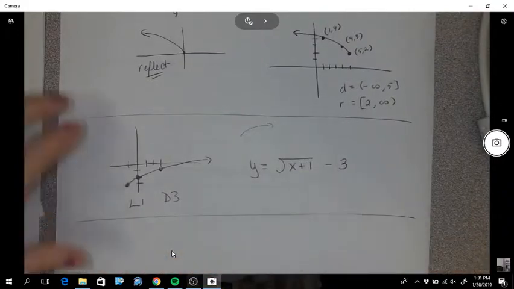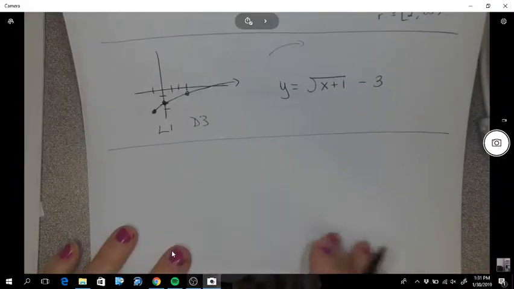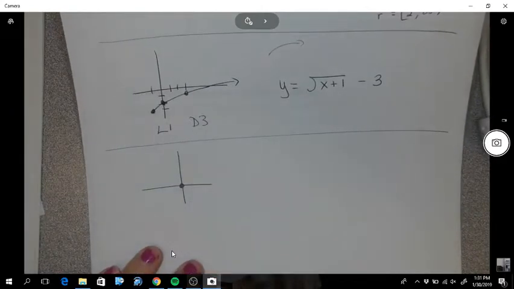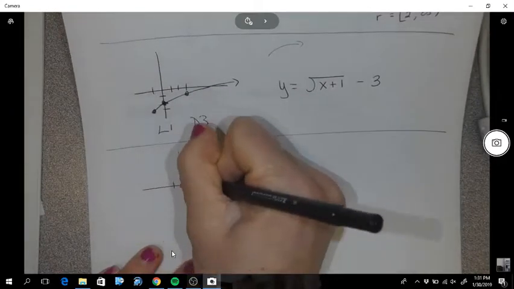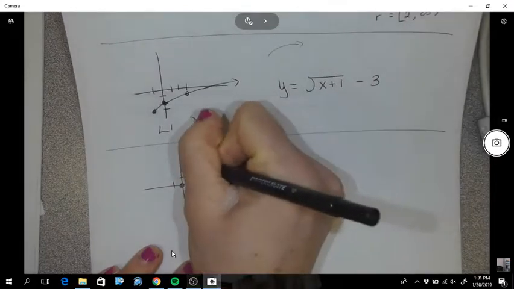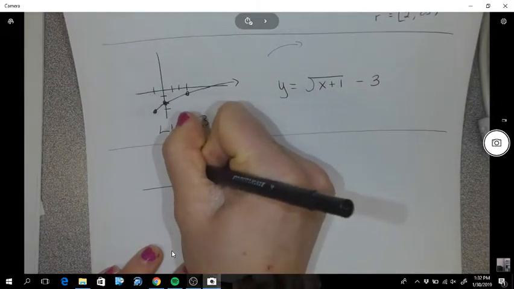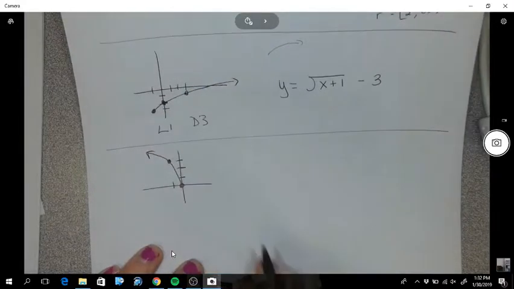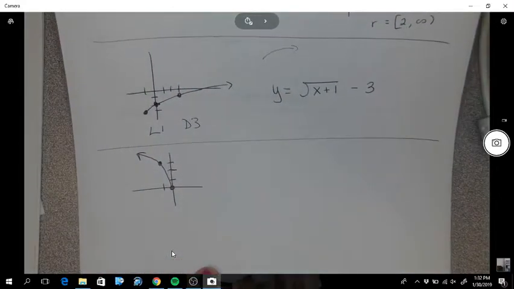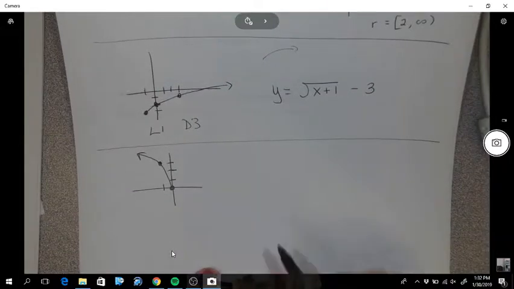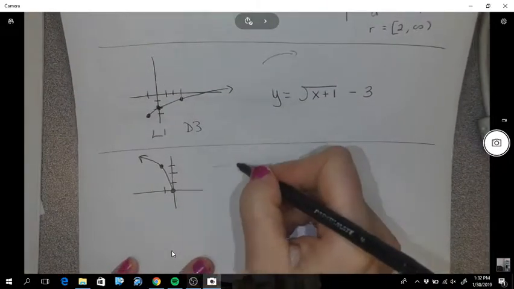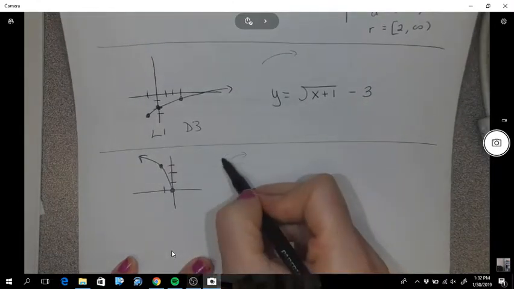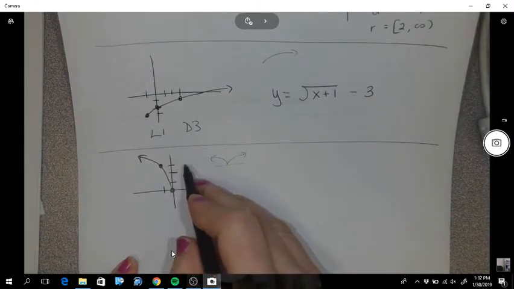Okay, another example. Let's go the point 0, 0, and then the point -1, 3. Okay, so the first thing I would think about is that this obviously would have got reflected horizontally.